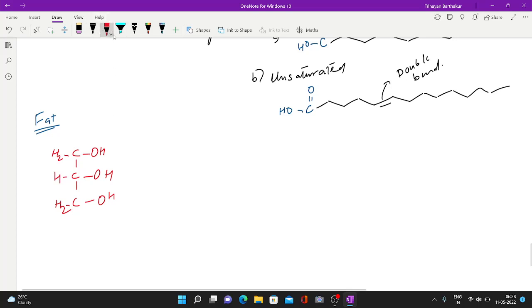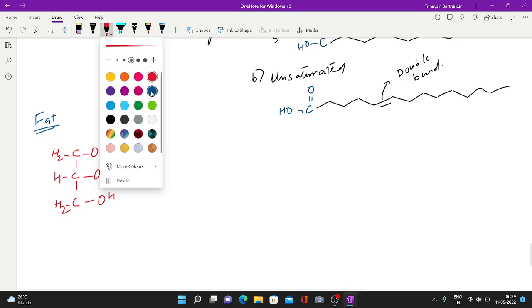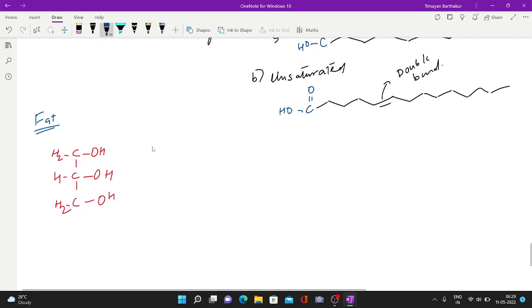Now, let me show you an example of one fatty acid. Suppose this is one fatty acid, COOH, and you have an R group, which may be between 10 to 20 carbons.